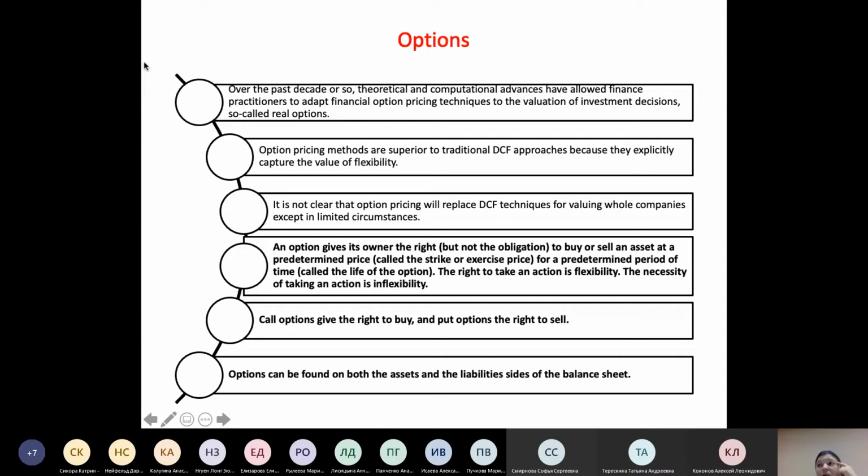As you know, in financial options, we can buy an asset, which is a call option, or we have the opportunity to sell or realize an asset, and this kind of option is named a put option.